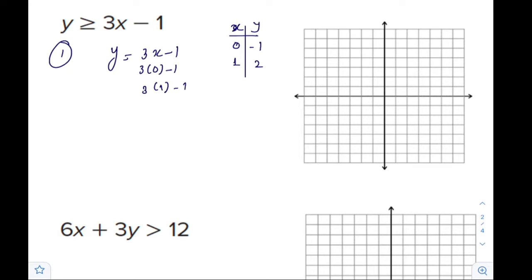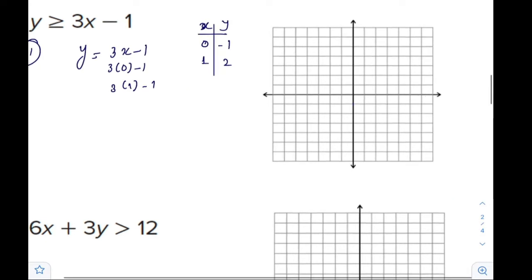So we have 2 points, 0 and minus 1, and 1 and 2. Since we have greater than or equal, that means it's a solid line passing through these 2 points.